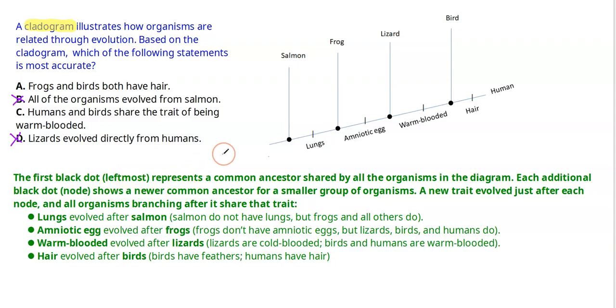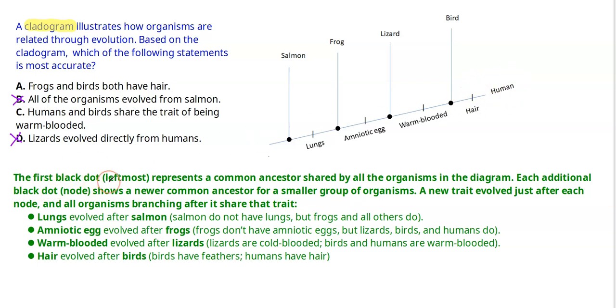The first thing I want to go over is when you're reading a cladogram from left to right, this is called the main line. As you move along this main line, you get closer to the present time. So this back here is way back in time, and this is more toward present time.